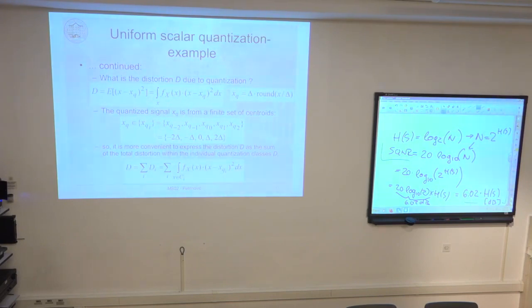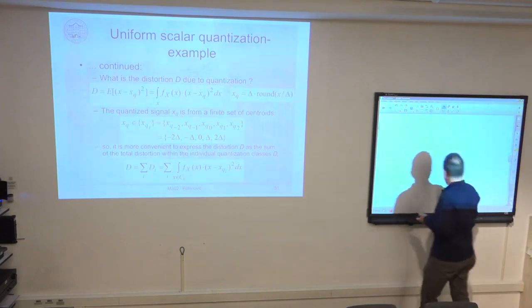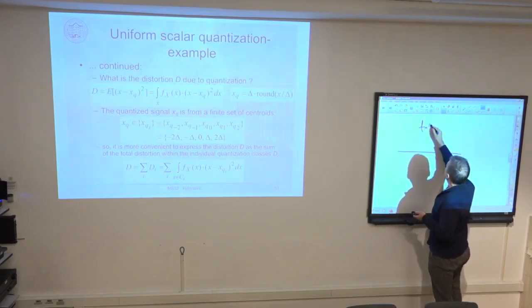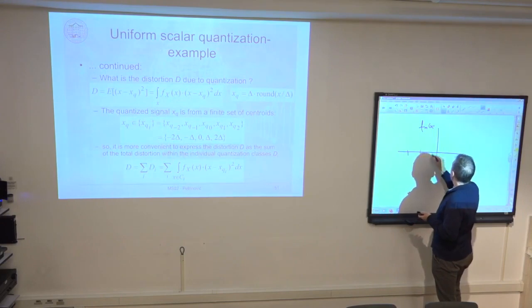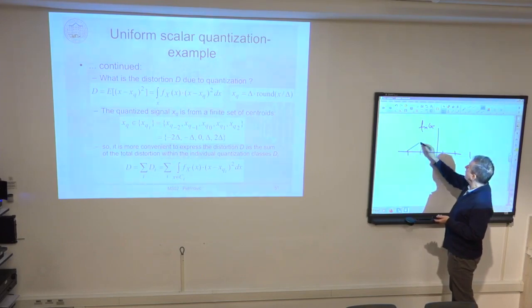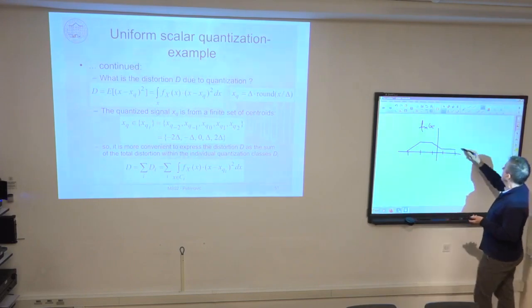And in your problems in the exam, you could have such a case, but it would be some simple PDF that can be integrated by hand. So for example, if you don't have a uniform PDF, but something like piecewise linear or piecewise constant. So, for example, this f_X(x) for these 5 intervals might be something like this: linear increasing, constant, decreasing, constant, and then increasing, whatever.